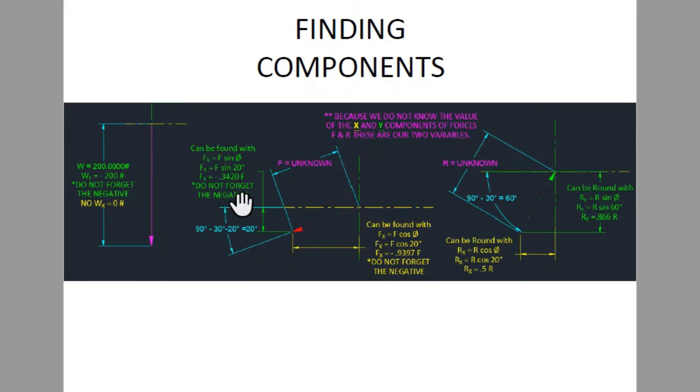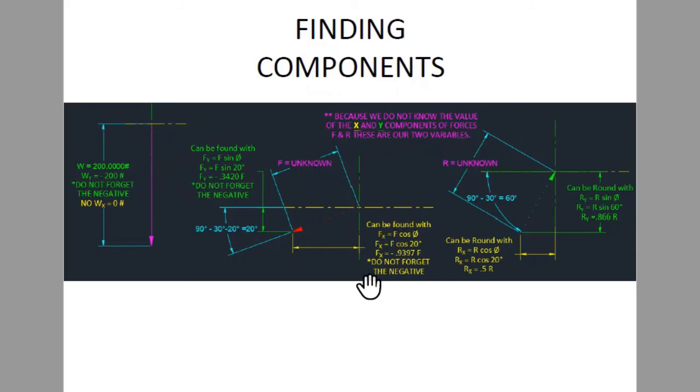Let's begin by looking at Fy. Fy can be found by using the function Fy equals F times the sine of theta, or F times the sine of 20 degrees. Because we do not know the value of Fy or F, we leave this portion as a function. Fy is equal to negative 0.3420 F. Don't forget the negative.